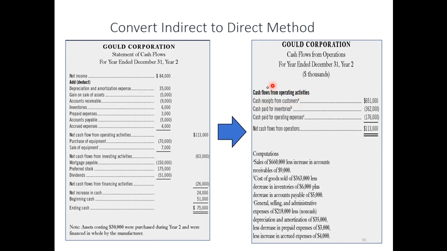Macam mana nak kira receipt of customer? Iaitu sales tolak dengan changes of accounts receivable. Lepas tu kena kira pula cash paid for inventories. Macam mana nak kira cash paid for inventories? COGS tolak inventories tambah account payable. Nanti kita tunjuk one by one. Okay, so ni lah perbezaan direct dan juga indirect.